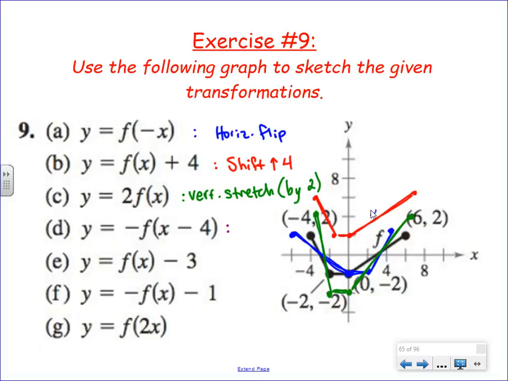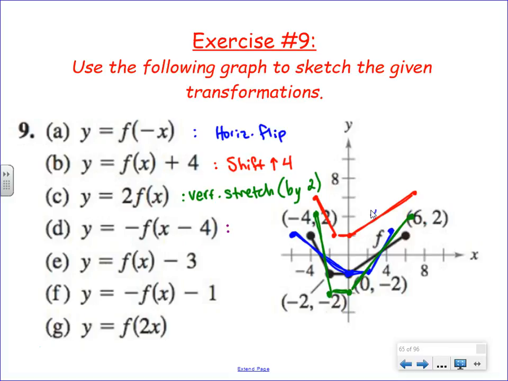The problem would have been if it had been a horizontal flip 4 to the right, which might be different than 4 to the right, horizontal flip. When they're going the same way, we're going to have some trouble. But right now they're going differently. What do you guys want to do?